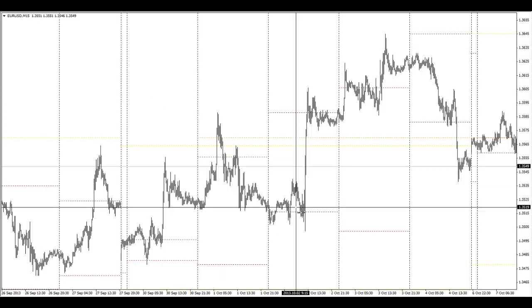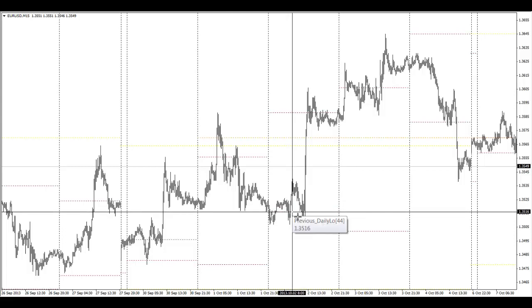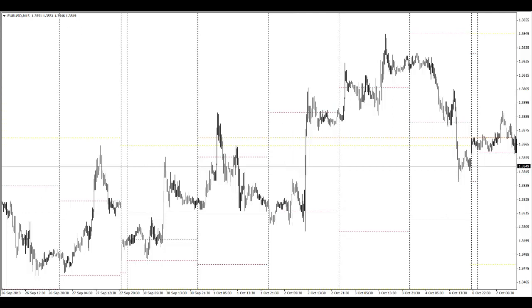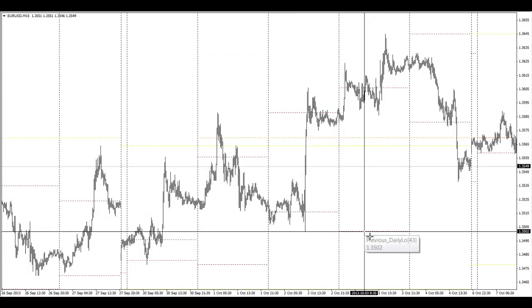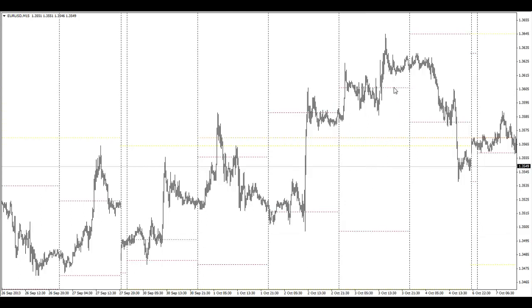By looking at that range, we have a range of 71 pips, very close to the previous day's daily range. We have this range here, which is 104 pips. Again, that's this day's high and this day's low.